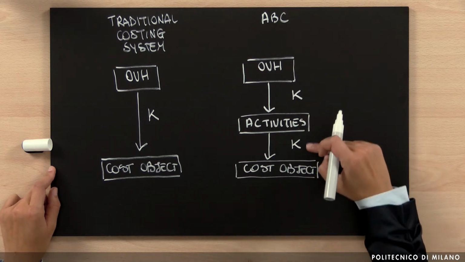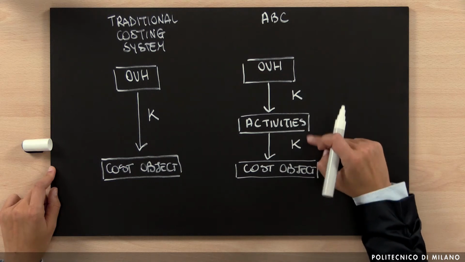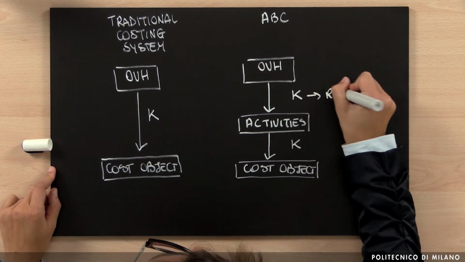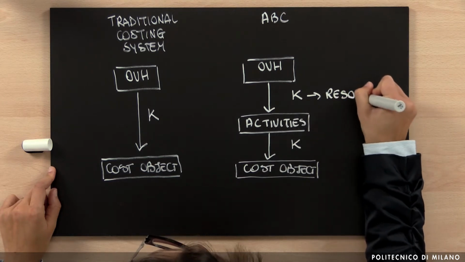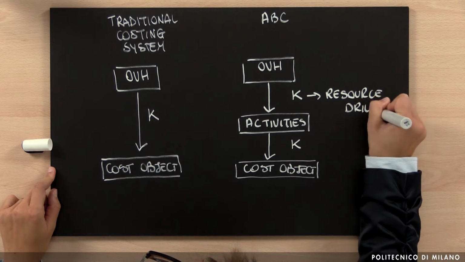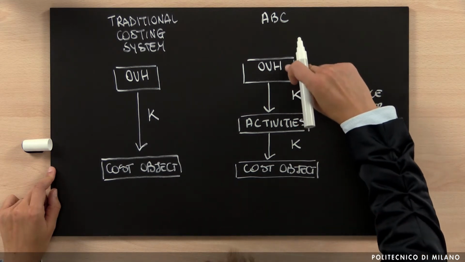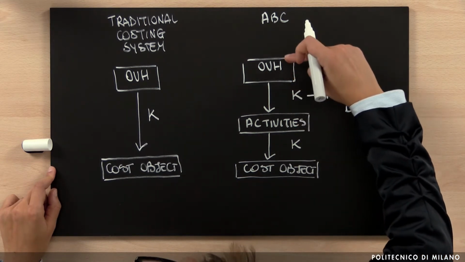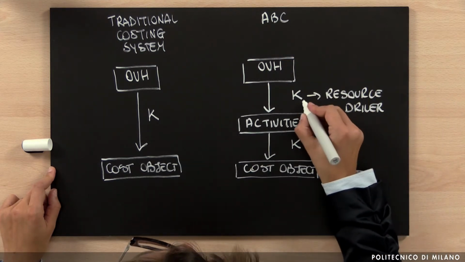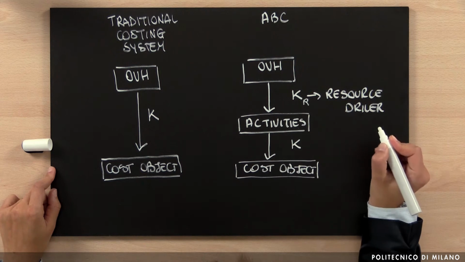In order not to make confusion between the two different K, this K is defined as resource driver, and the reason why is because this K is used for assigning the value of the overheads, which are indirect resources, to the activities. So we can also call this K the K of the resource driver.